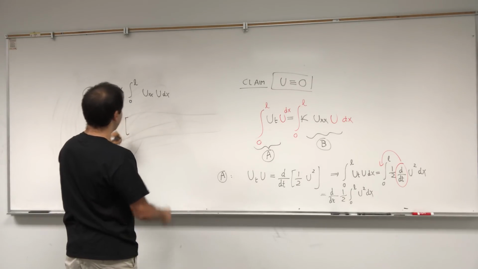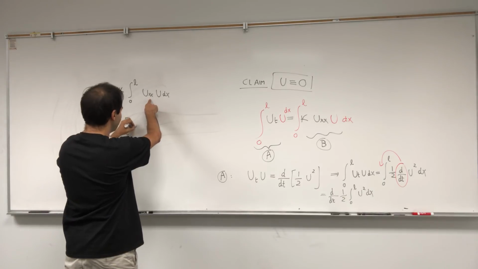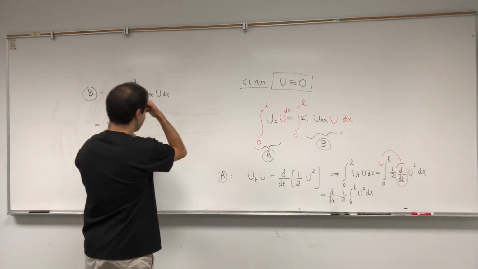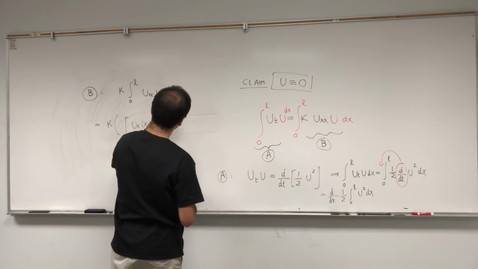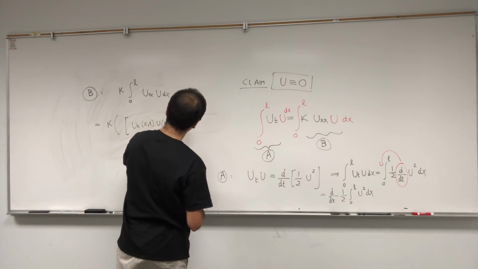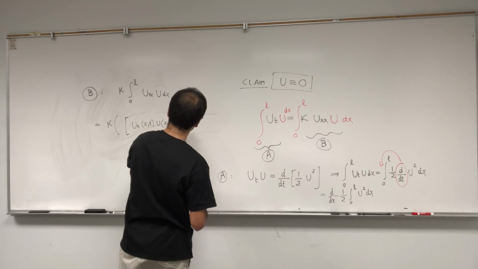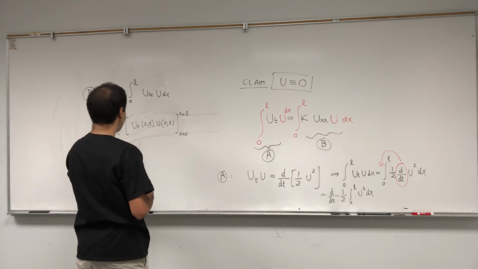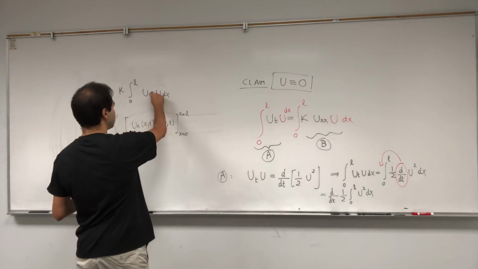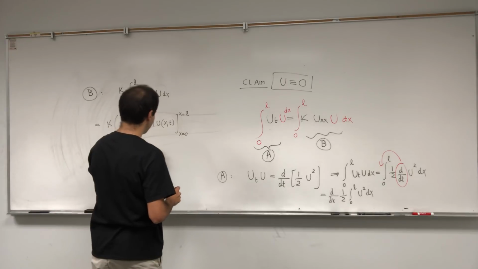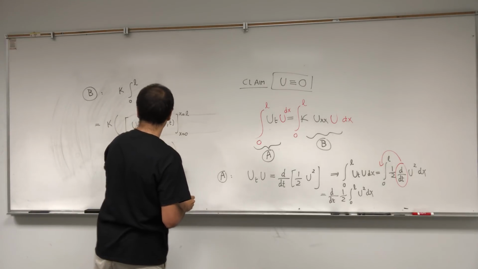So k times, you anti-differentiate this, u_x(x,t) times u(x,t), from x equals 0 to x equals L, minus the integral from 0 to L of u_x, where the derivative comes here, u_x dx.